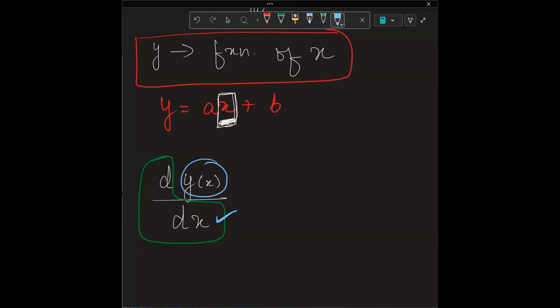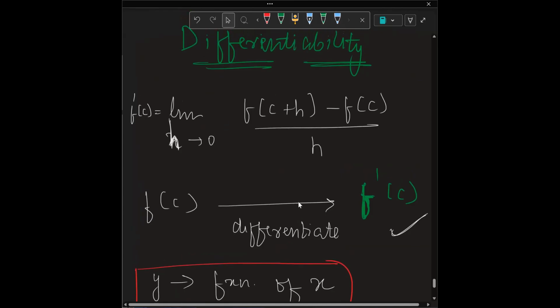Before this, first of all, I should tell you some rules about differentiation, then we will move to some questions. All of you know that the differentiation of sin x is cos x.